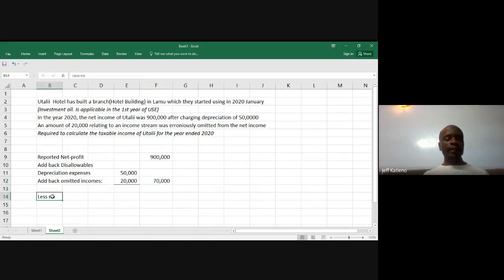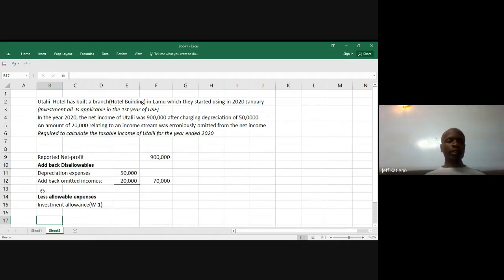And less allowable expenses. So this one will be investment allowance, for which we will have working one. And then normally we also less non-taxable income.